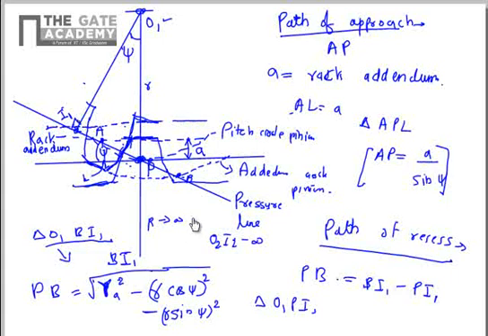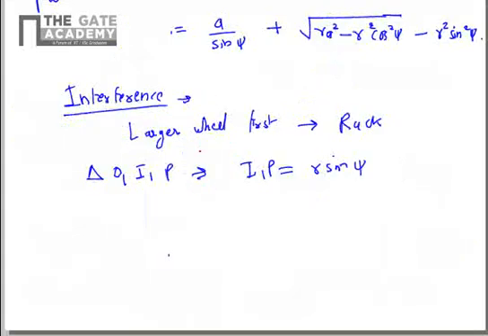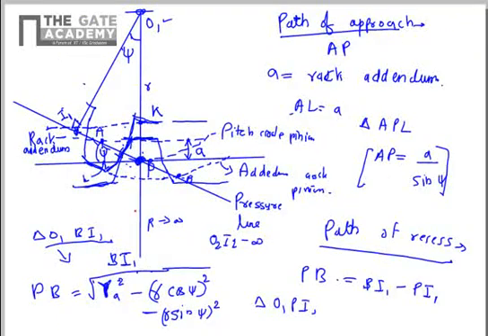That time you can get the maximum allowed value of a from triangle P I1, and let's say this is some point K. So we know the distance I1P. I1P is equal to r sin xi, and in triangle I1PK, we have formed a new triangle for determining the maximum addendum. KP is the maximum addendum.